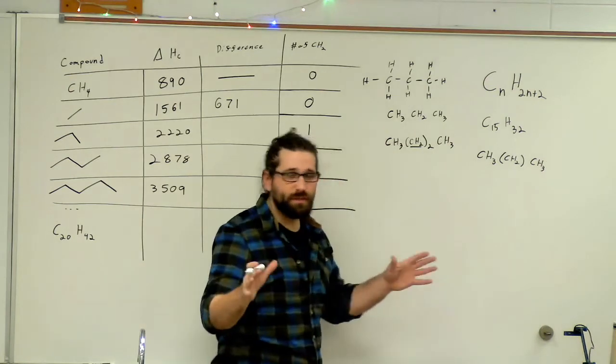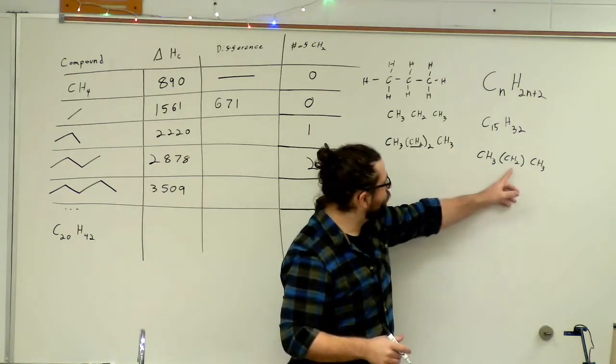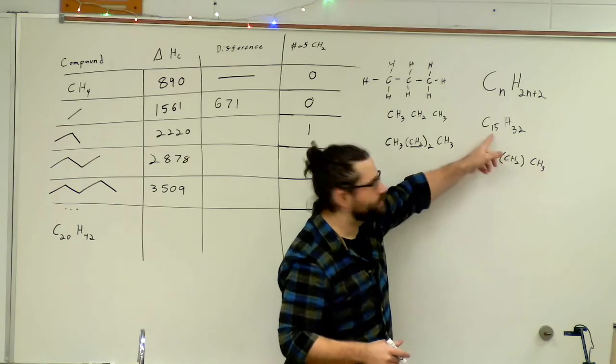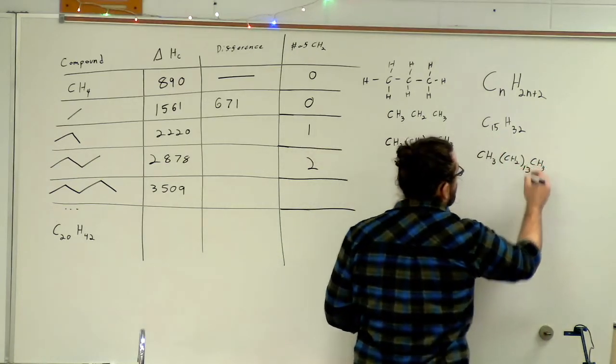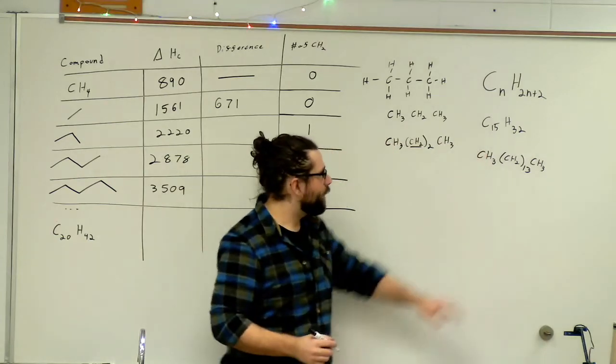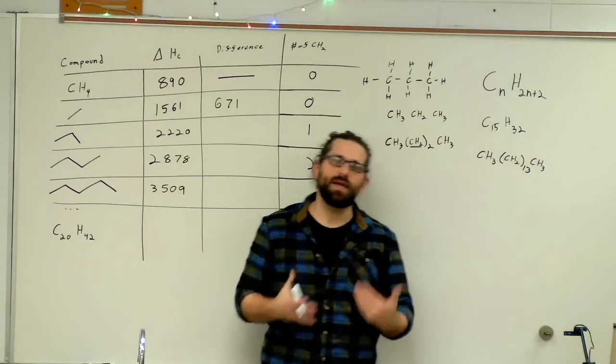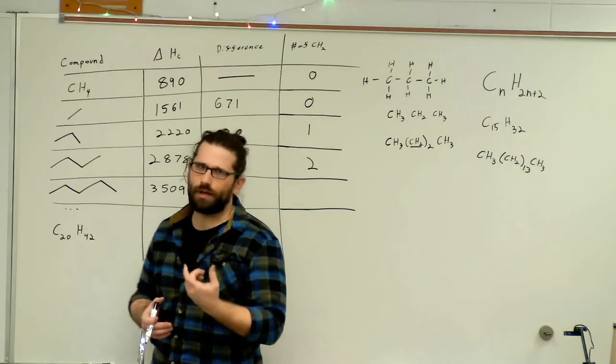For every one of these, that's going to be the case. So how many CH2s do I have? Well, I used 2 of my carbons, started at 15, then I have 13 left. So for C15, I would have 13 CH2 molecules.